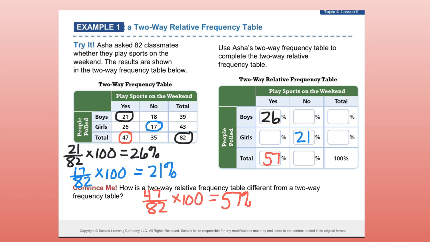And let's just do one more. Let's do total boys. 39 boys out of 82 people times 100 gives me a percent, and that's going to be 48%. That lives right there. All right, the rest of these numbers look like this.